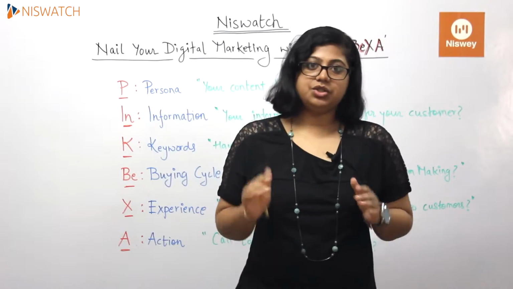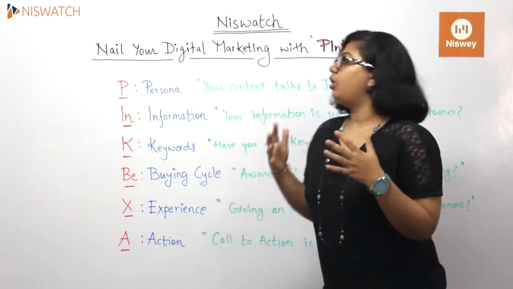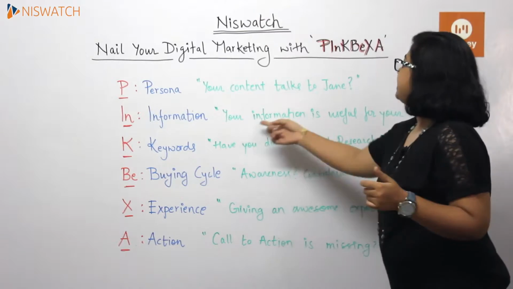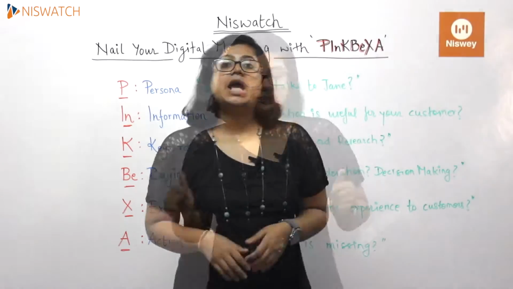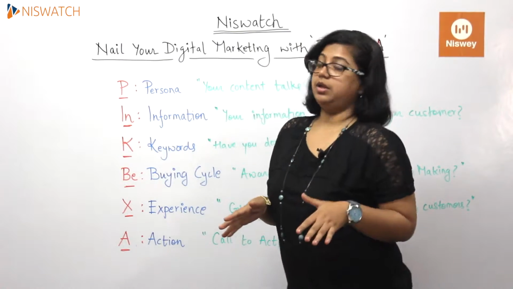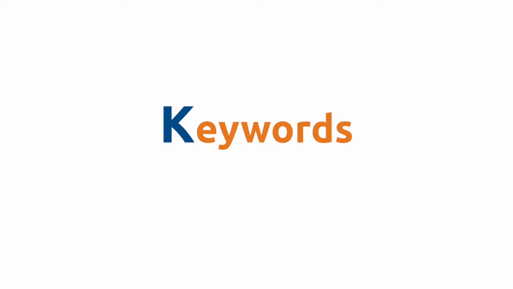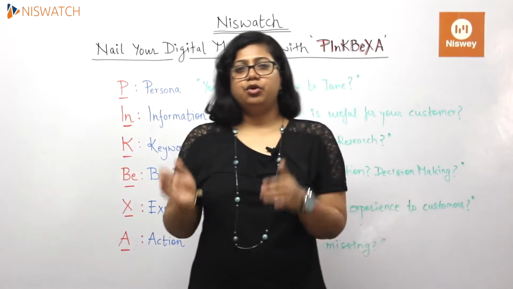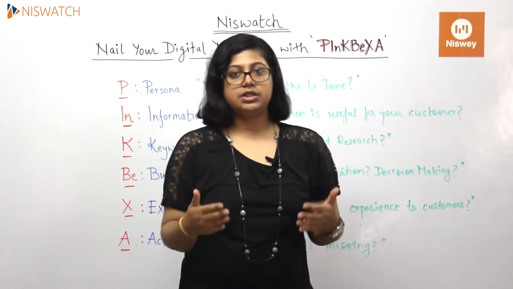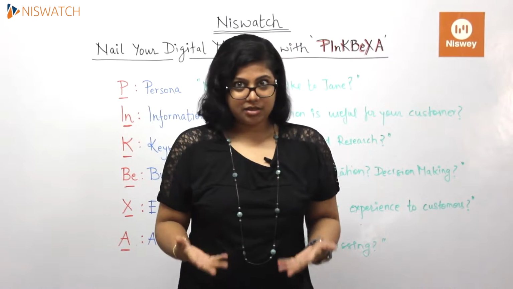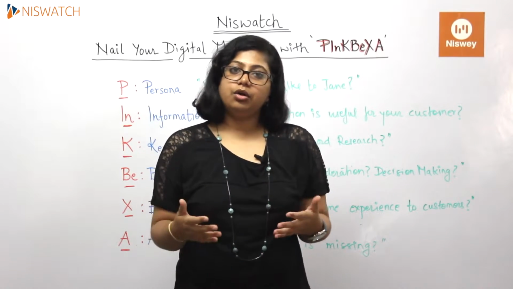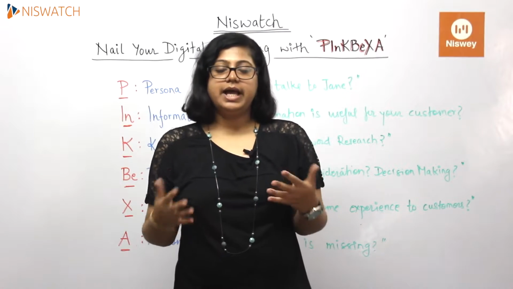So the second question that you need to ask in your content marketing audit is, is the information you're providing useful to your customer persona? The third parameter in the content marketing audit is the keywords. The best way for your content to reach your target persona is when they are searching for your product or service and your content comes up in the search results.